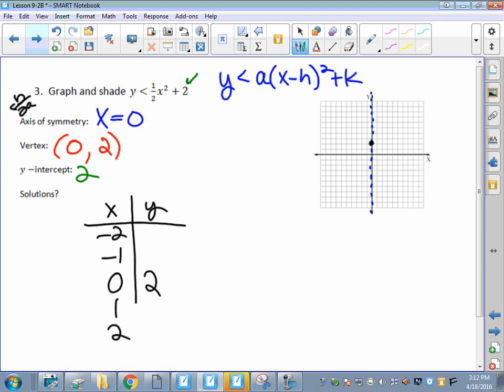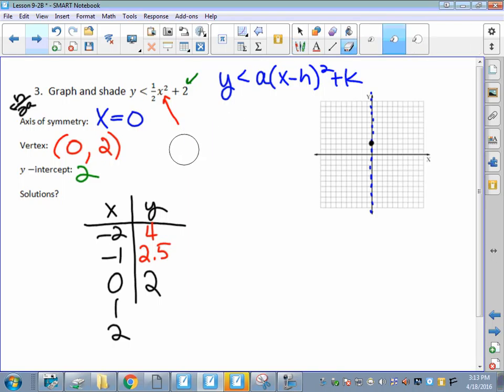Let's do some quick math. It requires fractions, but that's all right. So when I do -2 squared, I get a 4. 4 times 1/2 is 2. 2 plus 2 is 4. If I put a -1 in there, -1 squared is 1. 1 times that 1/2 is 1/2. 1/2 plus 2 is 2.5.